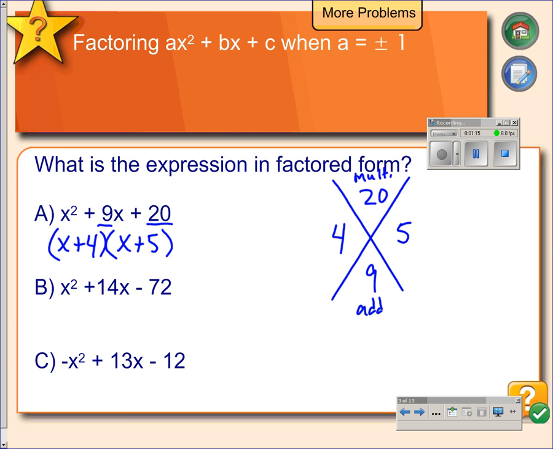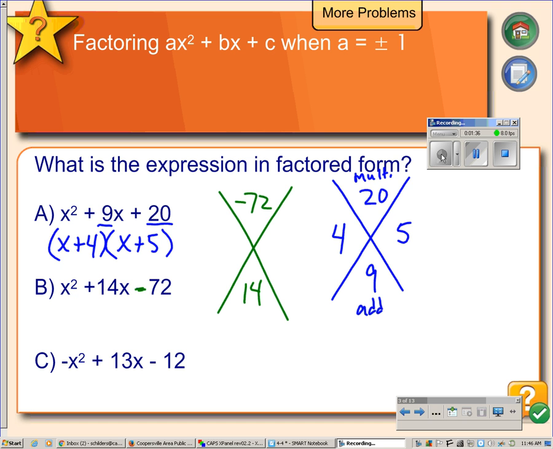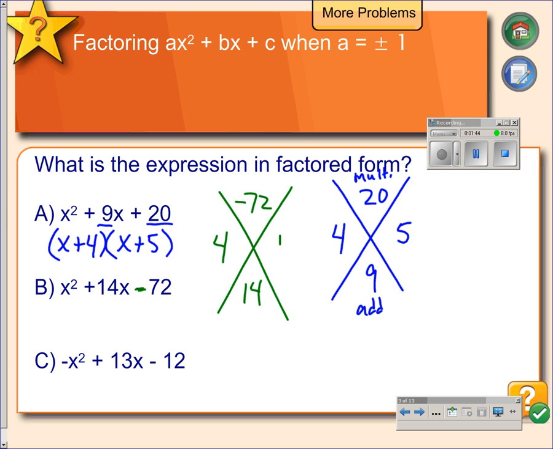If we were to do the same thing for example B, the number on top would be negative 72, because the negative goes with the number, and positive 14. So we need 2 numbers that multiply to make negative 72, and they add to make 14. So 2 numbers that multiply to make 72 and add to make 14 would be 4 and 18.